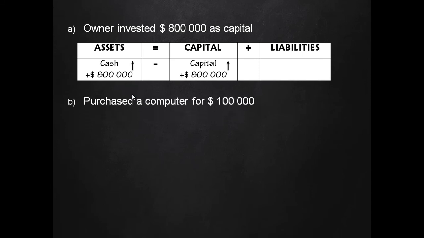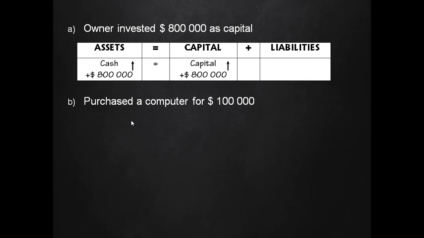B. Purchased a computer for $100,000. They purchased a new asset, that is a computer, for $100,000 and paid cash.